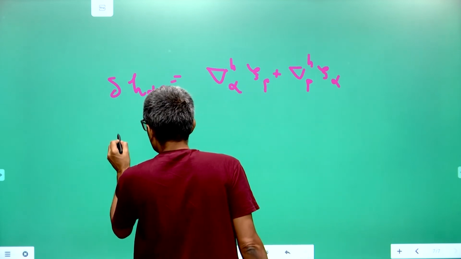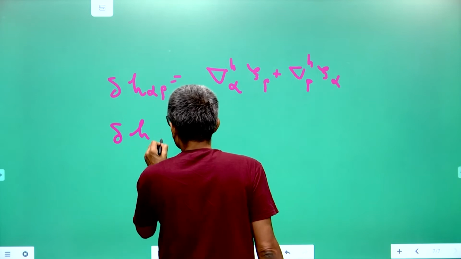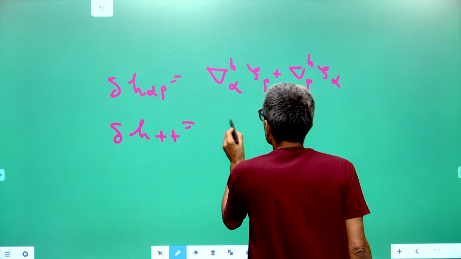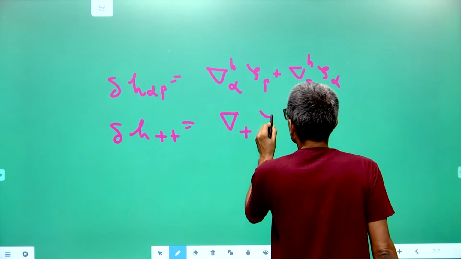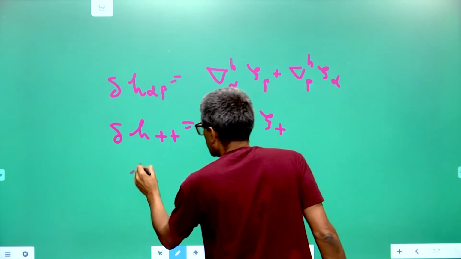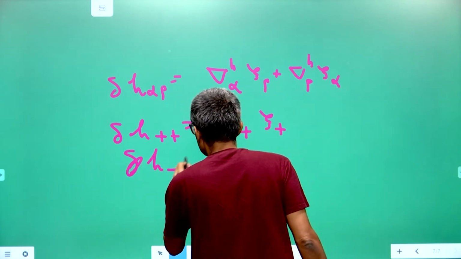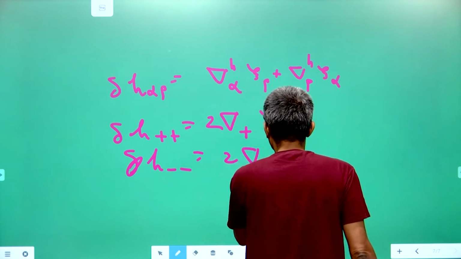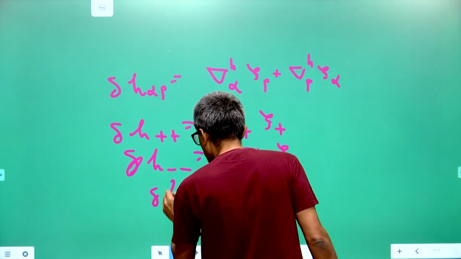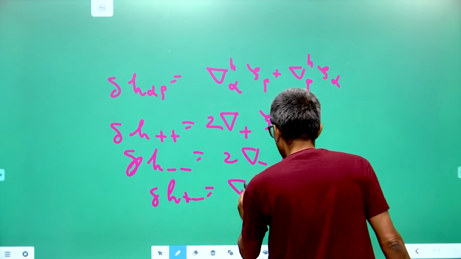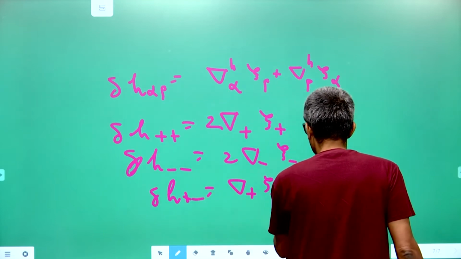And if you use the light cone coordinates, then you can write this in the form delta h plus plus is equal to 2 del plus xi plus, delta h minus minus is equal to 2 del minus xi minus, and delta h plus minus is equal to del plus xi minus plus del minus xi plus.